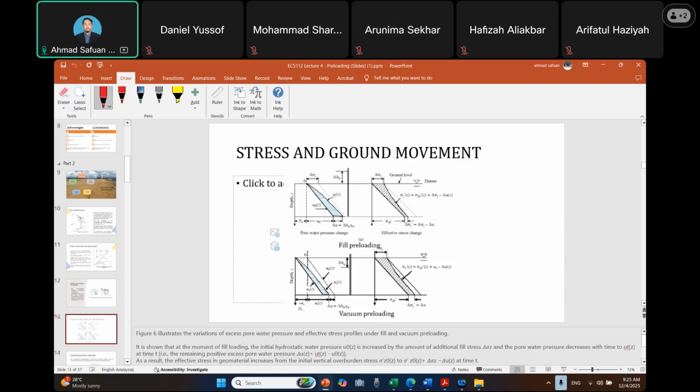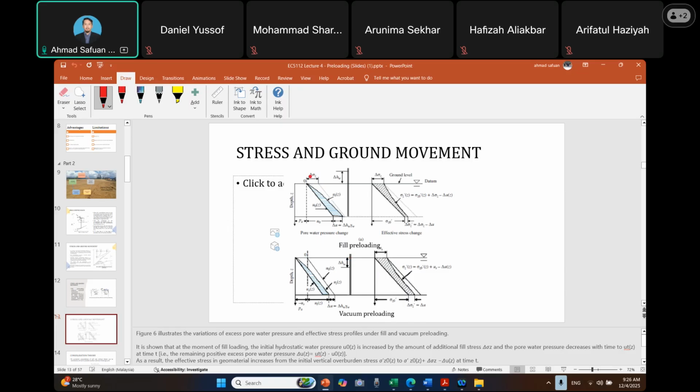So this is to show you what happens in terms of the pore water pressure and the effective stress profile under field and vacuum preloading. During the field preloading, we apply a load.